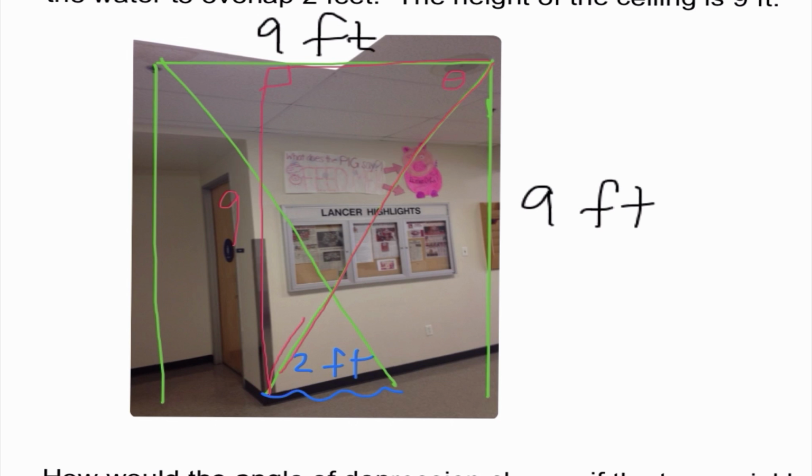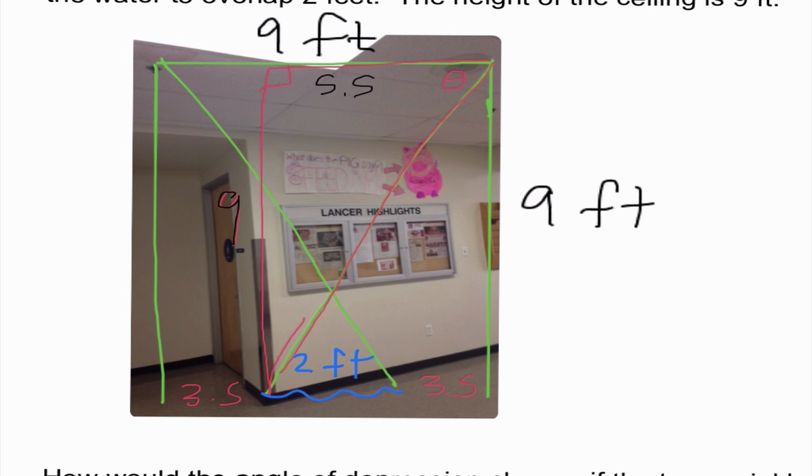Now, I know this side is 9, but to find this height, I know this is 2 feet, and then these two pieces are evenly split. I know this has to be 3.5 and 3.5, because if I add those all together, it equals the 9 feet that I measured, which makes this side of our triangle 5.5 feet.